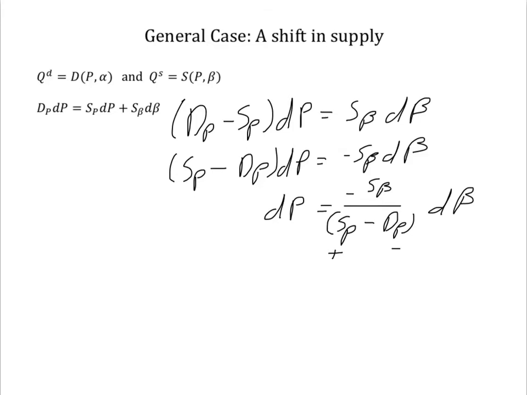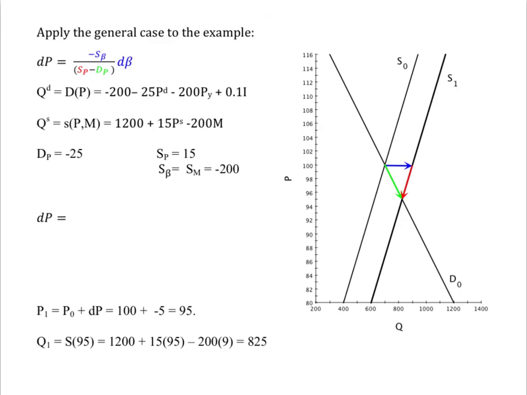In our example, the slope of demand is negative 25 and the slope of supply is 15. A 1 unit increase in M, ceteris paribus, would reduce quantity supplied by 200 units.